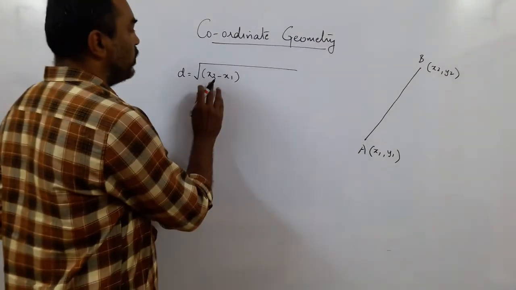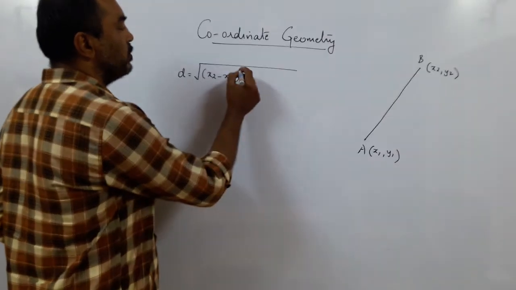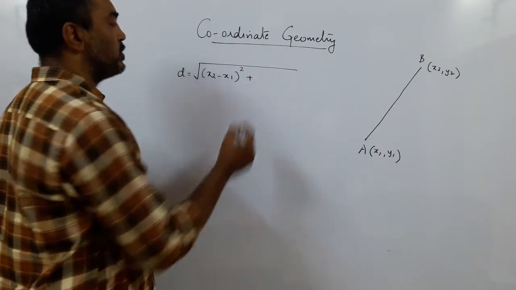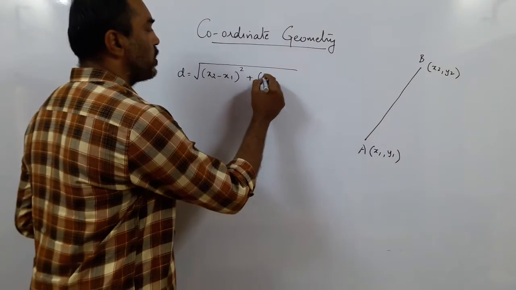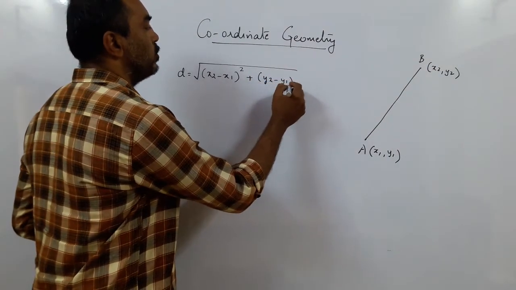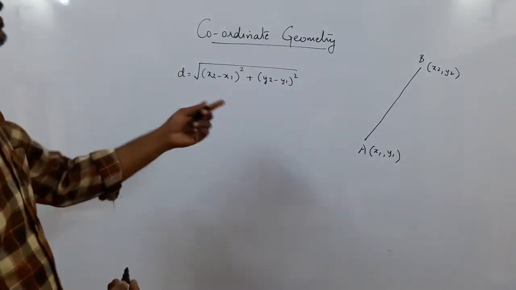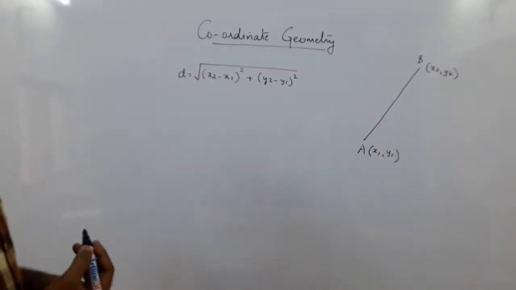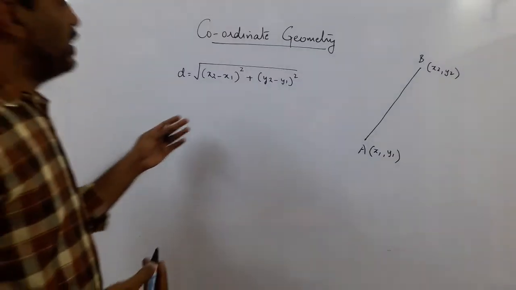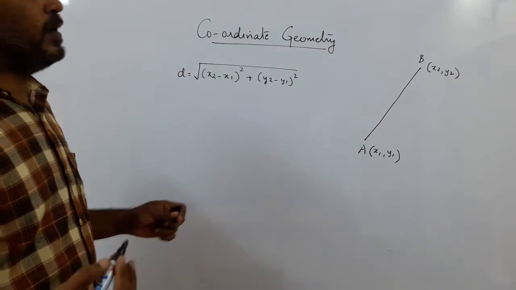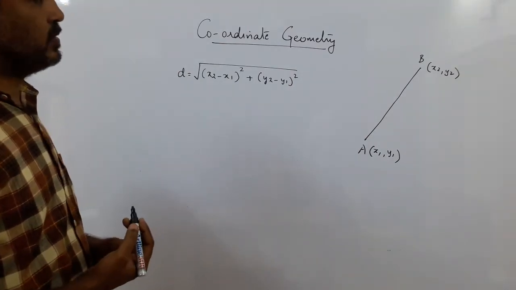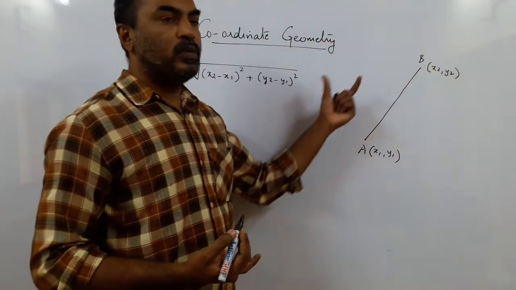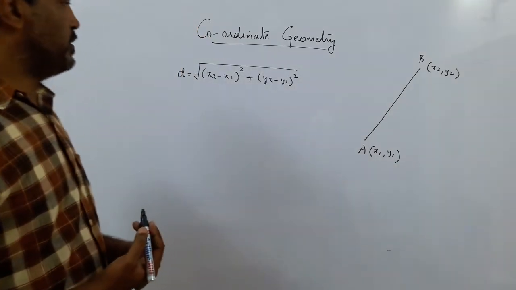Either way, whether the difference is negative or positive, when you take the square it becomes positive, plus (y2 minus y1) the whole square. So this is the simple distance formula, and we have seen quite a few sums in which we use this formula to find out about different geometrical figures, meaning what kind of figures the given points make.